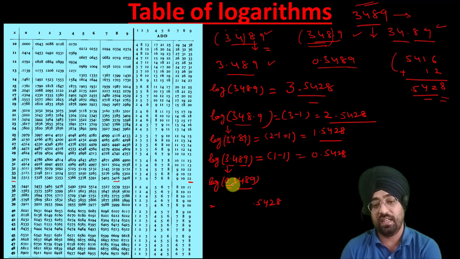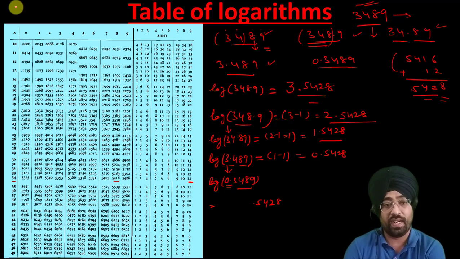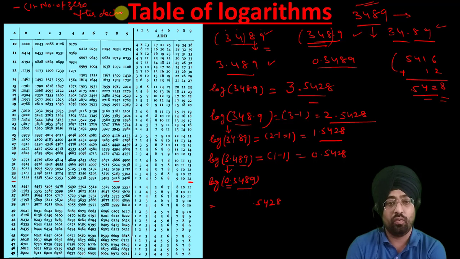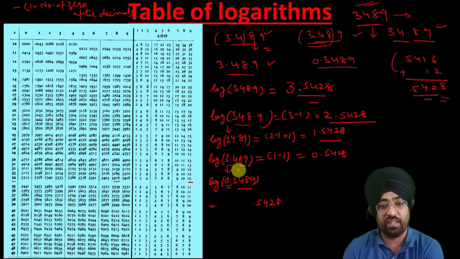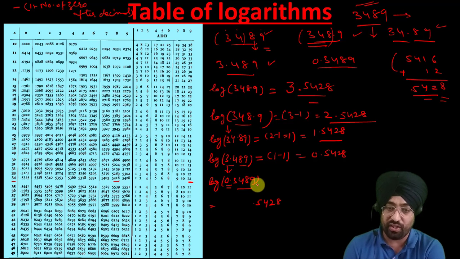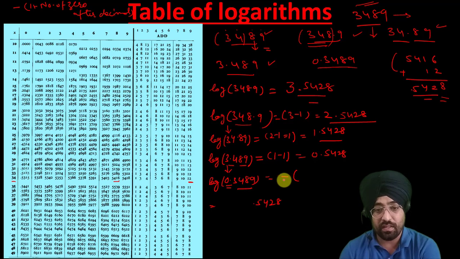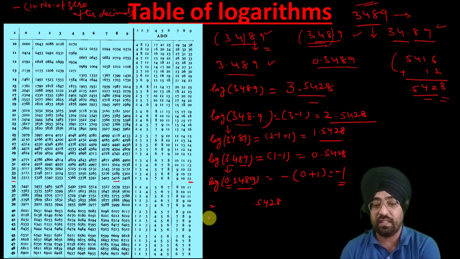First we have to put a negative sign, then it is 1 plus the number of zeros after the decimal. That is the rule to find the characteristic of a number which is less than 1. This is 0.3489. This number is less than 1, so its characteristic will be negative. How many zeros are there after the decimal? 0, so 0 plus 1, it is minus 1. So its characteristic is minus 1.